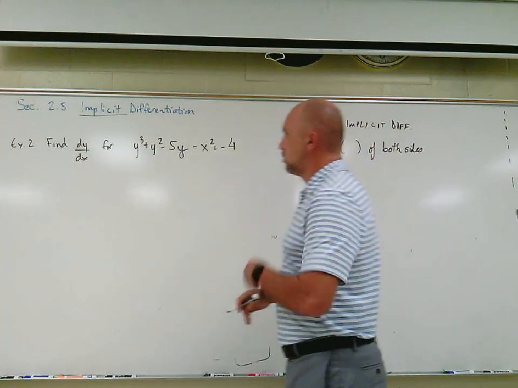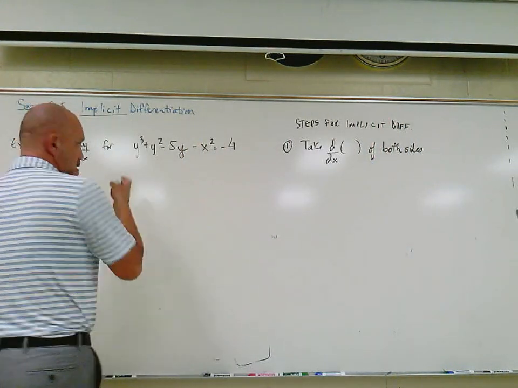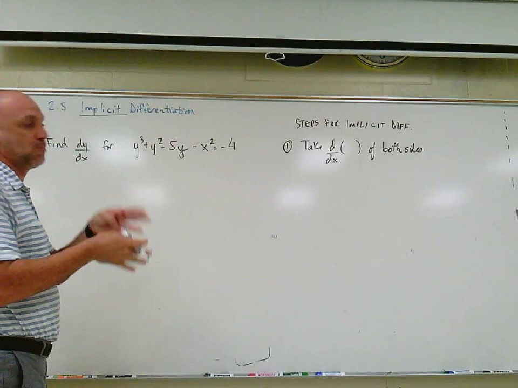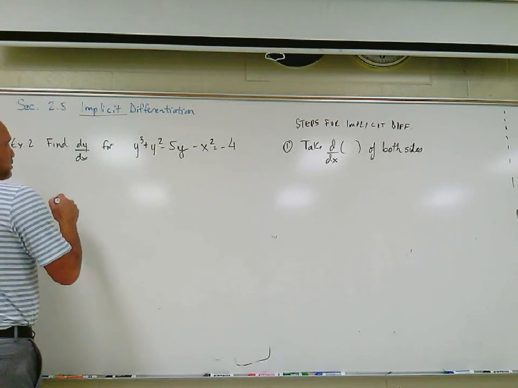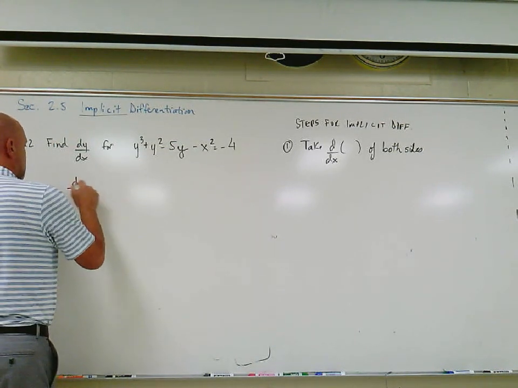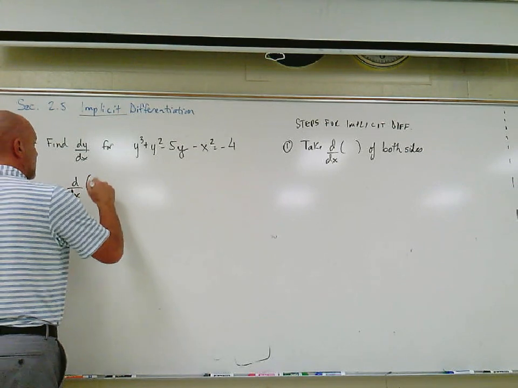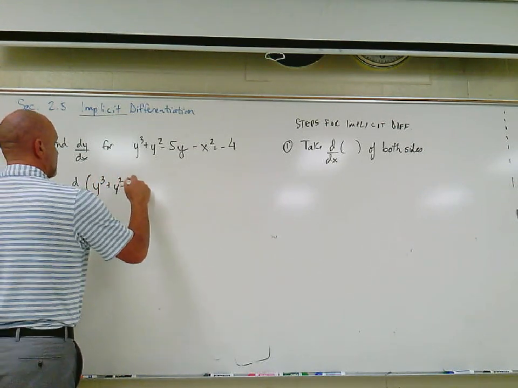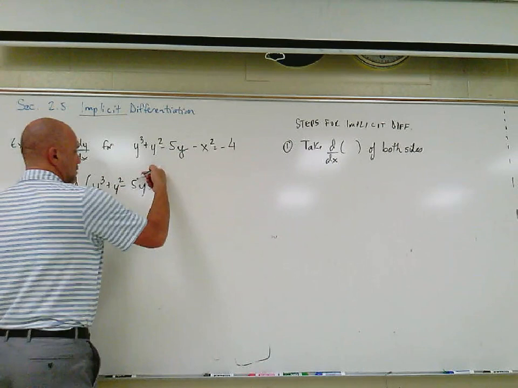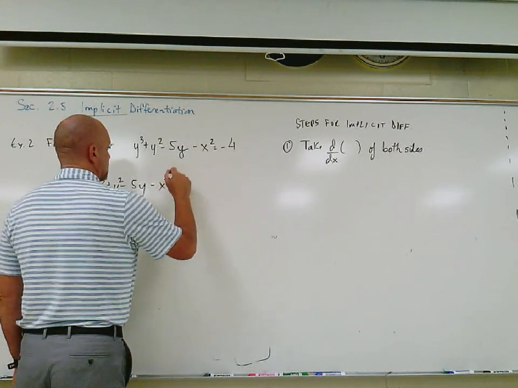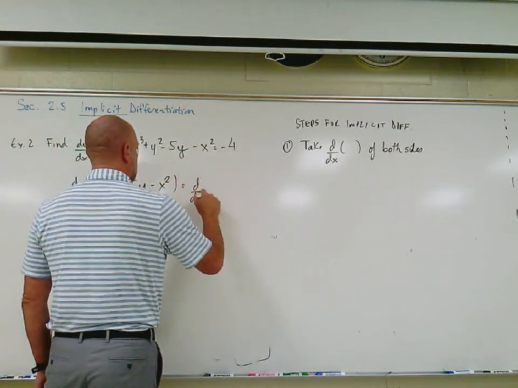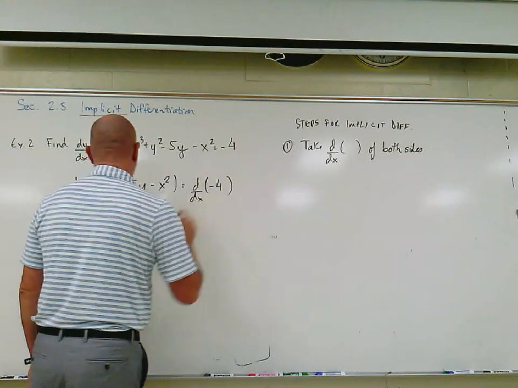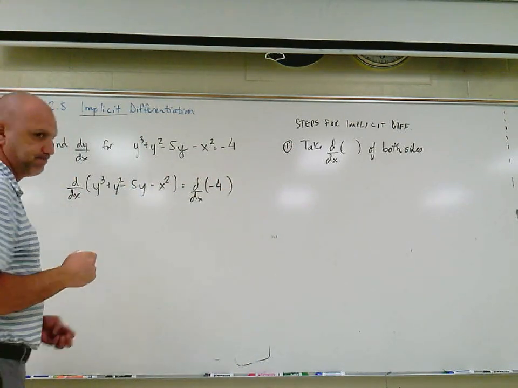Take the derivative of both sides with respect to x. And then you can go term by term, right? So pluses and minuses, you can take it of each term. So first step should be derivative with respect to x of the left equals derivative with respect to x of the right. All right.